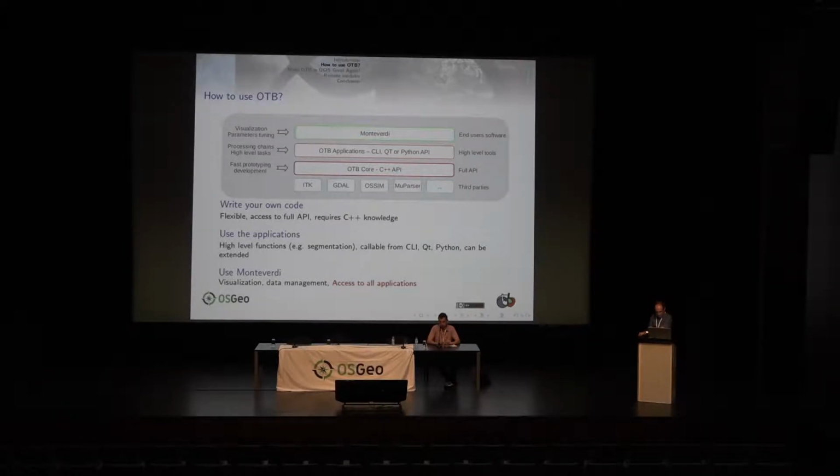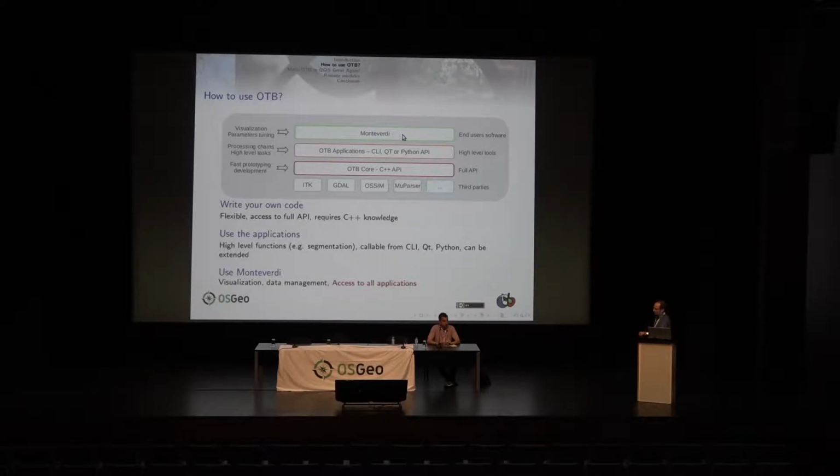And then we have another level we call OTB applications, which are tools developed on top of OTB that allow you to perform classical tasks like orthorectification, classification, segmentation, feature extraction, okay? And those tools, I will come to that later, but you can call them from Python, from command line, from an auto-generated Qt interface, from QGIS, from Monteverdi, which brings me to the top level of this chart.